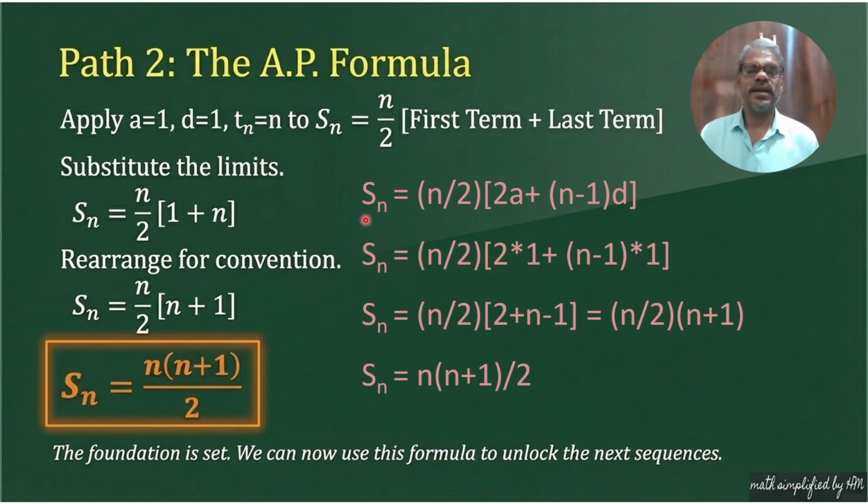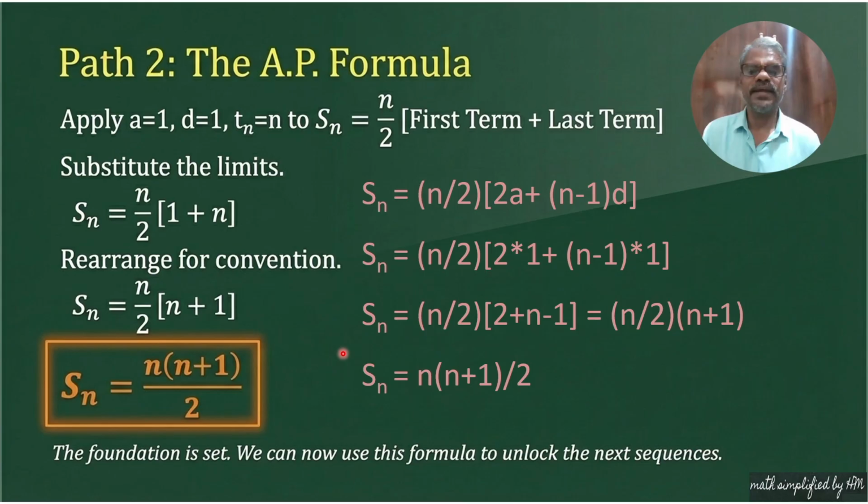Now the arithmetic progression sum formula where a and d are known. Sn = (n/2)[2a + (n - 1)d]. Here we have a = 1, d = 1 and n = n. So substituting these values, we get Sn = (n/2)[2 × 1 + (n - 1) × 1].